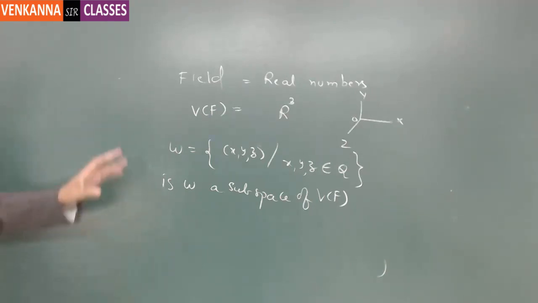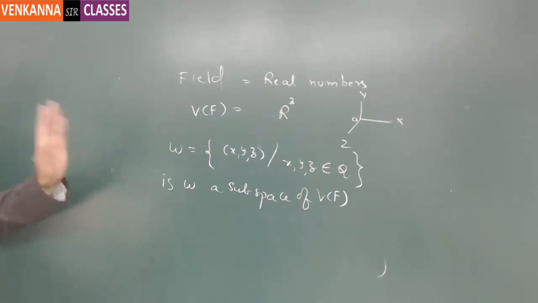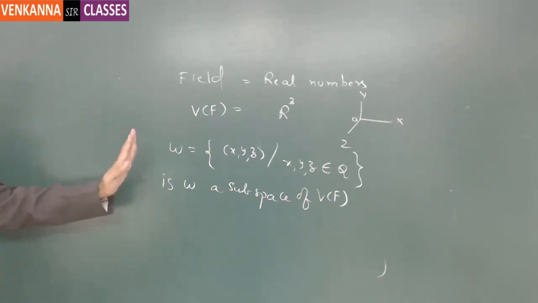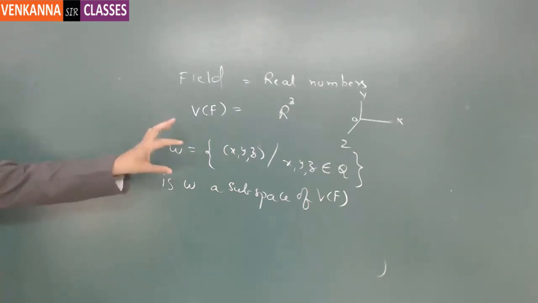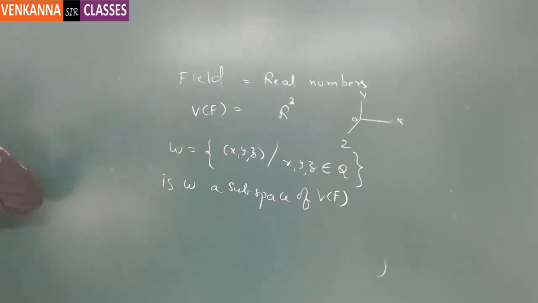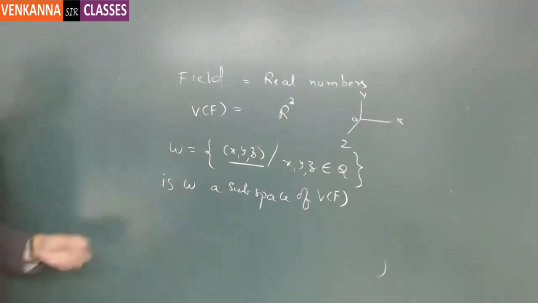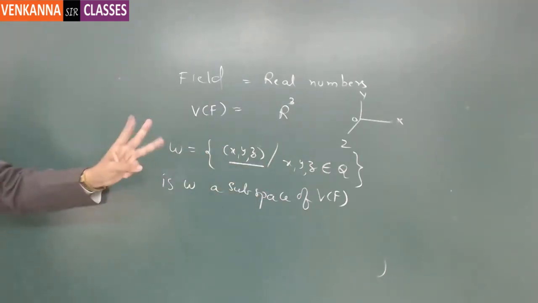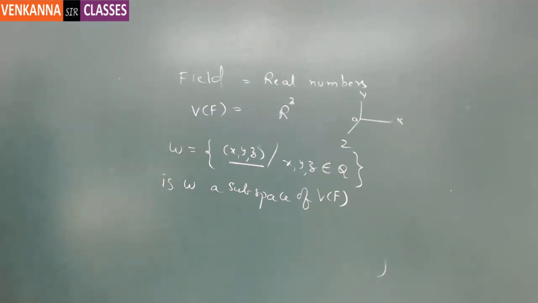Now, if I am able to use test 1 or test 2, whatever it is, if the test is completely satisfied, W, the set of those points, is a subspace of R cube. If the test is not satisfied, then it is not a subspace. So in this case, it is not a subspace. You can take a counter example. W contains all the 3D points where the coordinates are rational numbers, right?